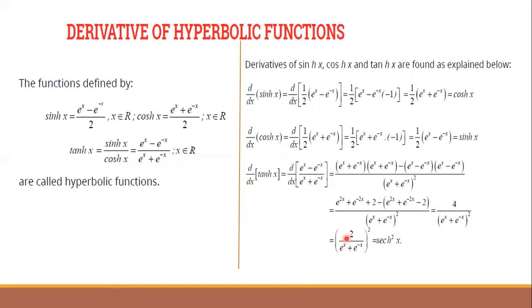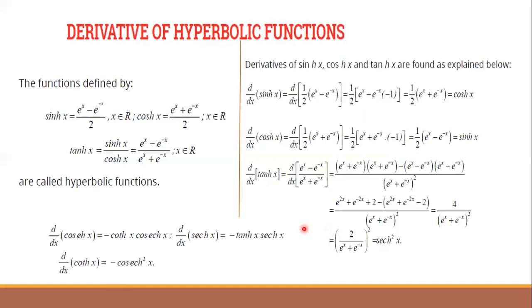After simplification, we will get 2 over e raised to power x plus e raised to power minus x whole square, and this is the value of 1 over cos hyperbolic x, whole square. And 1 over cos hyperbolic x is secant hyperbolic x, and whole square means secant hyperbolic square x. So derivative of tan hyperbolic x is secant hyperbolic square x.